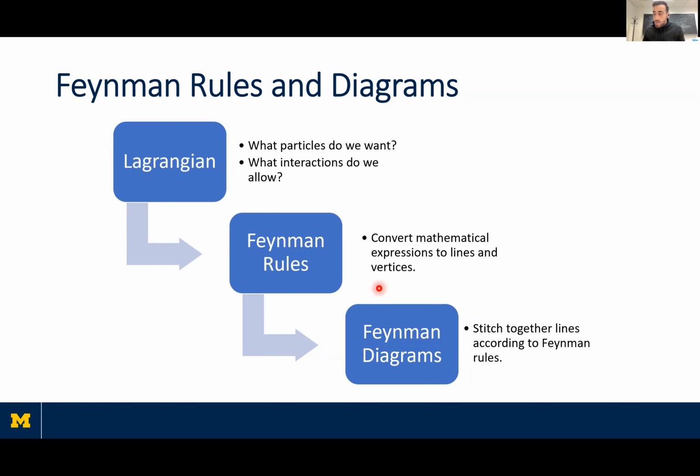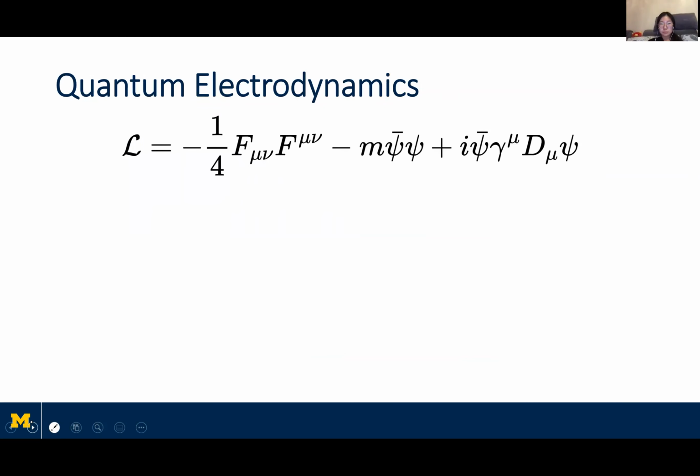From the Feynman rules, you can start stitching together lines and vertices, and you would end up with the Feynman diagrams. All right, so let's talk about an example of a quantum field theory. And the one I want to talk about is quantum electrodynamics. It is the quantum field theory that links together light with electrons.